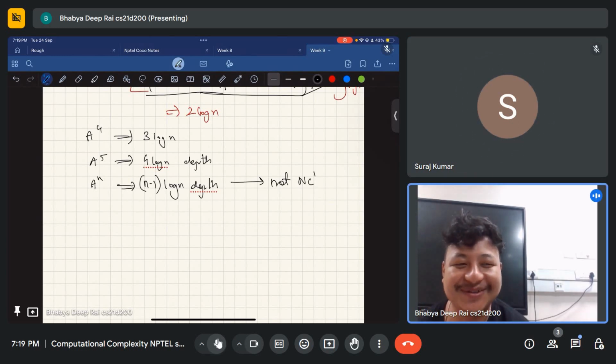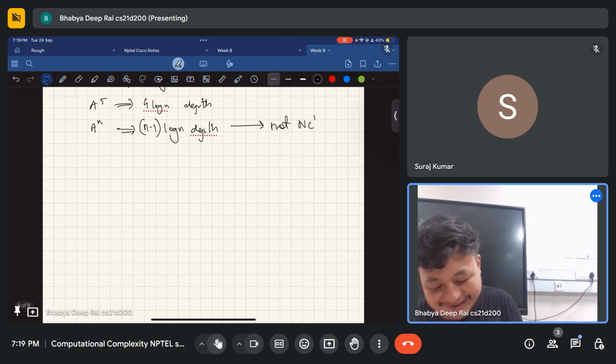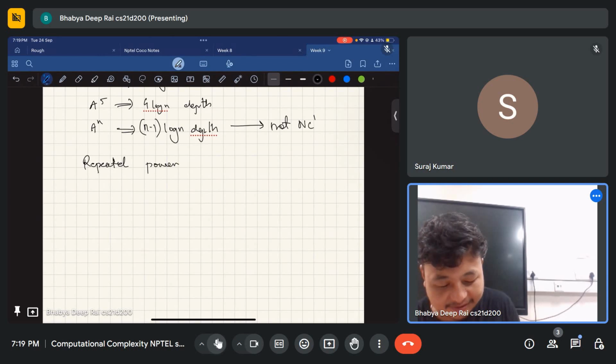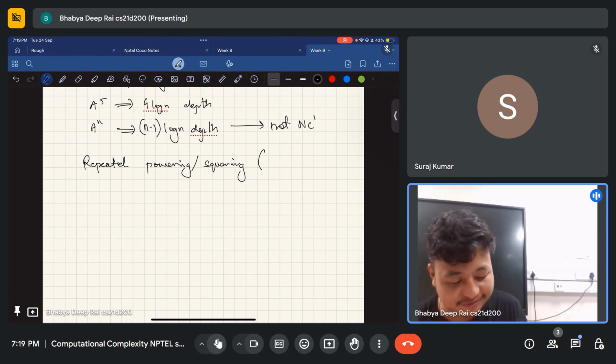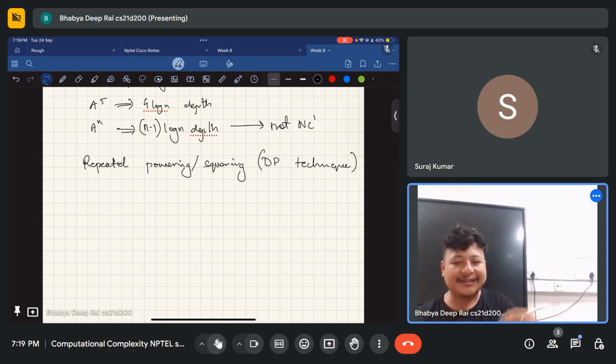Good. Nice. Very good. And the technical term for it is what is called repeated powering or repeated squaring. Okay. And in analysis of algorithms it's a DP technique, right? It is a very simple example of a DP, dynamic programming algorithm.